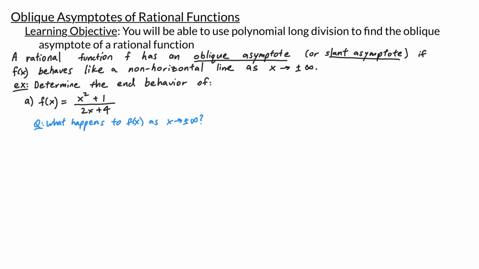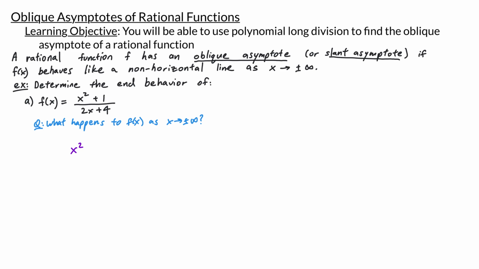So when we do polynomial long division, we start by writing down the dividend. Our dividend is x squared plus 1. Now, normally when we work with a quadratic, we have an x squared term, and then usually we have an x term before the constant at the end. Because it's missing that x term in between, we're going to need to have a placeholder for it.